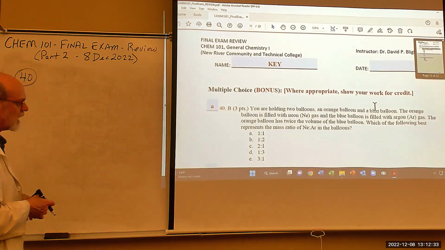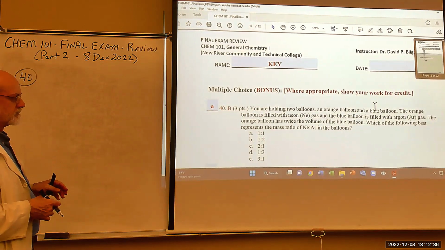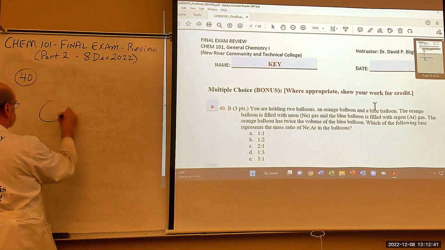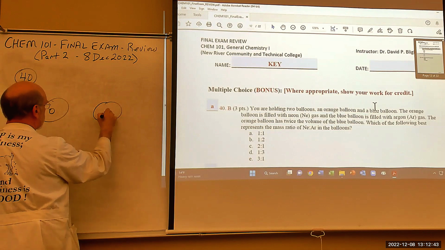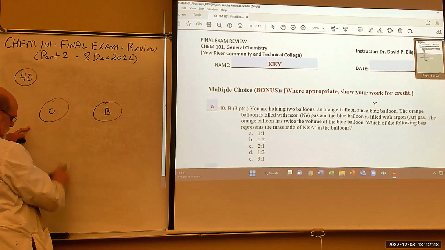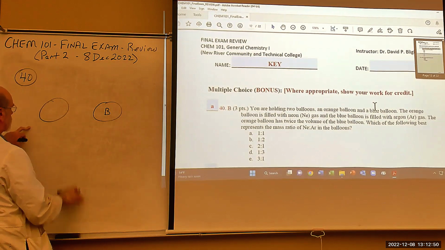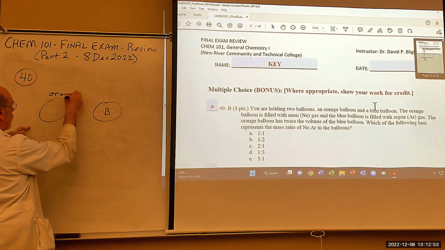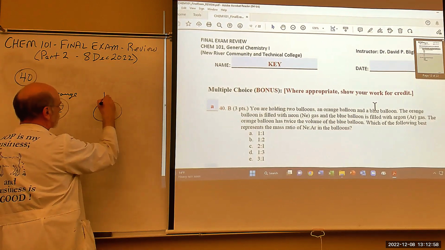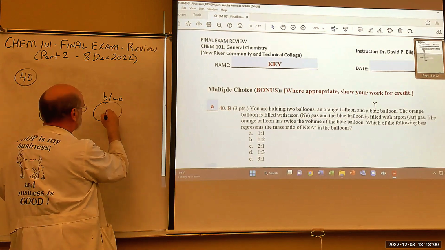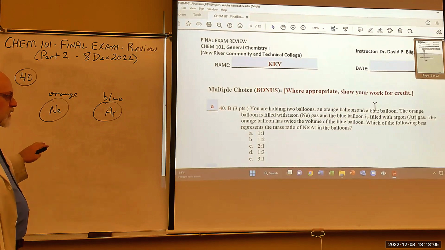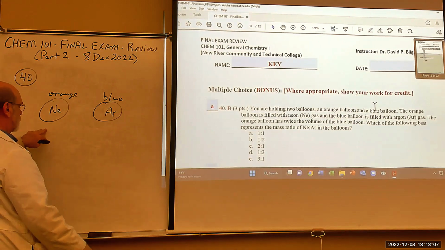All right. 40, you're holding 2 balloons. An orange balloon and a blue balloon. The orange balloon is filled with neon, and the blue with argon, right? Okay. The orange balloon has twice the volume of the blue balloon.